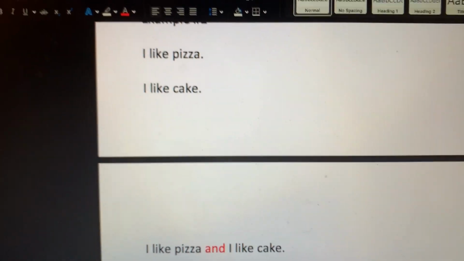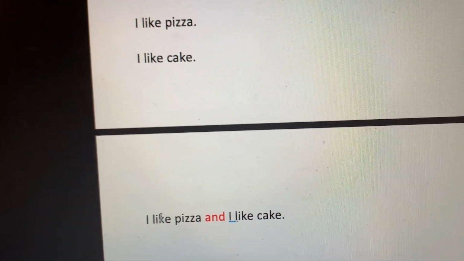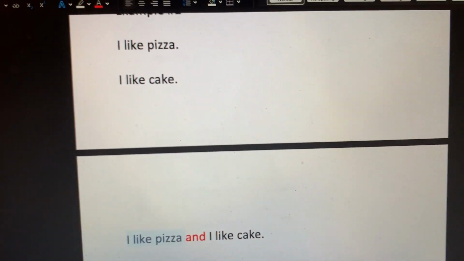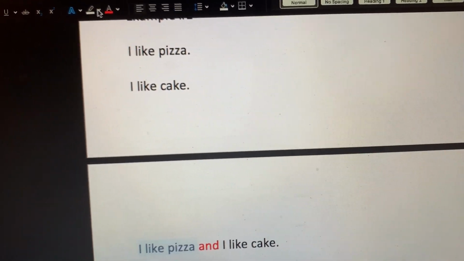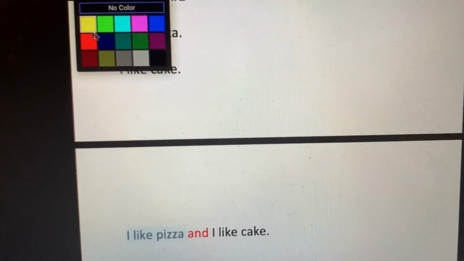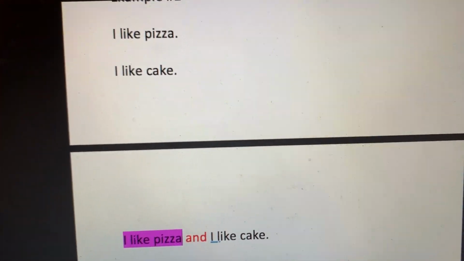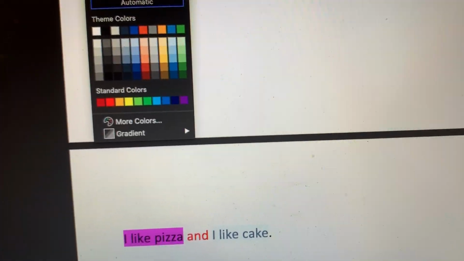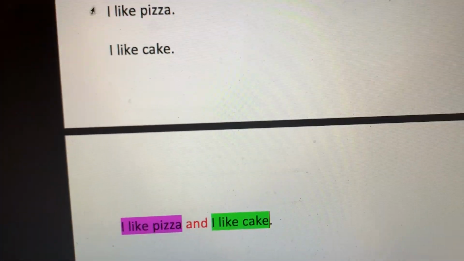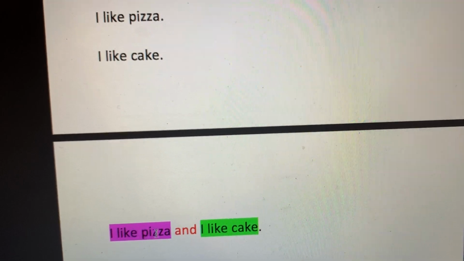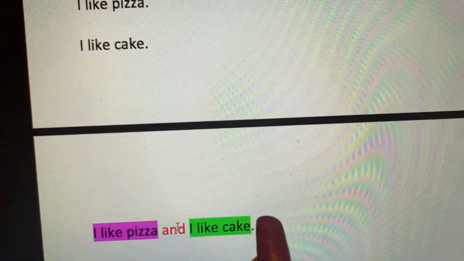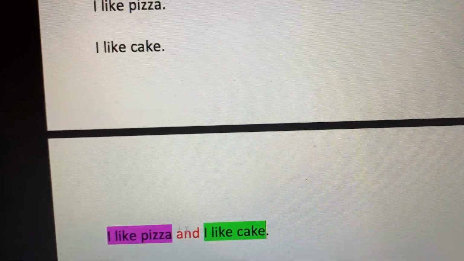Okay? So let me go ahead and highlight just so you can remember. These could be two separate sentences. Let's do our first sentence in pink. And we'll do our second sentence in green. Okay, so remember, these could be two separate sentences alone, but I brought them together with our joining word and, okay?